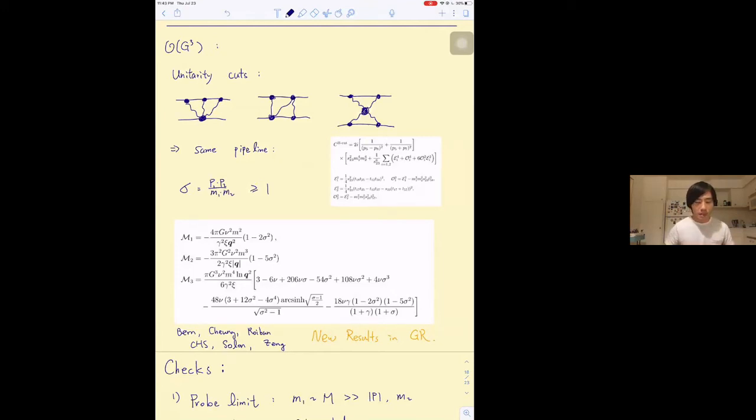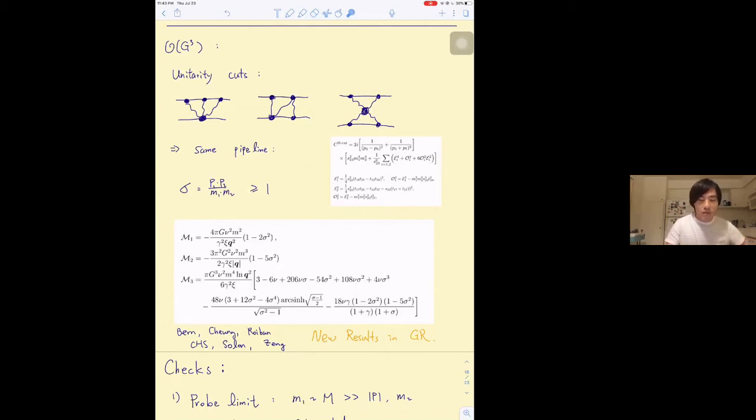Okay. So for order G cubed, for one loop, the only necessary unitarity cuts are the triangle cuts. For two loop, the corresponding unitarity cuts are these three. Again, they satisfy the same principles: the two matter lines are always separated by these gravitons.